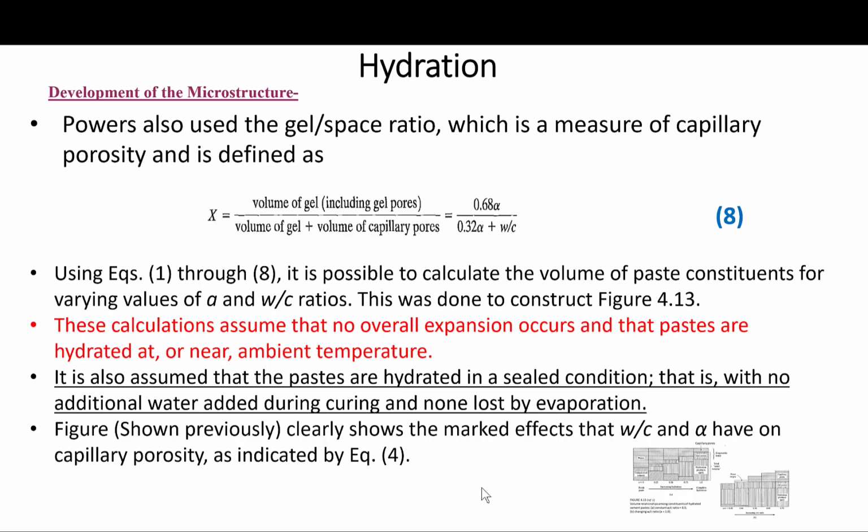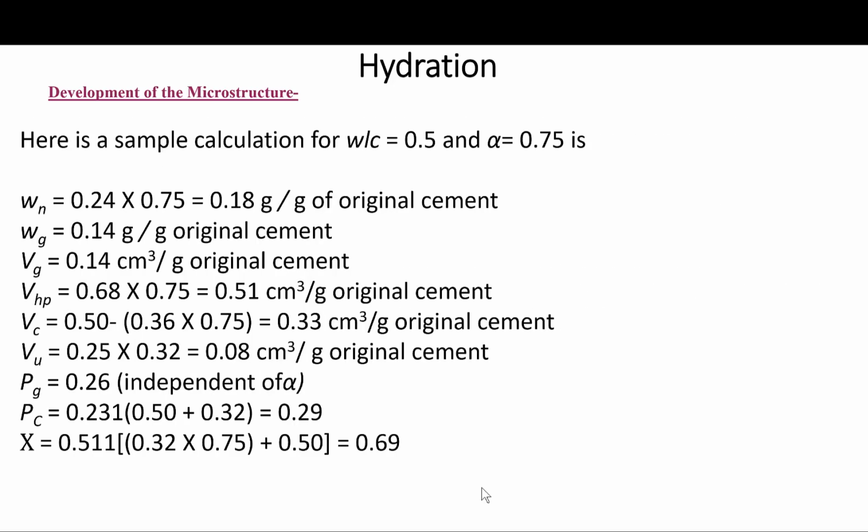So here is a sample of calculations for water cement ratio equals 0.5 and a degree of hydration of 0.75. So we will be able to calculate all these parameters. If you see, the non-evaporable water equals 0.24 times 0.75, which equals 0.18. This is gram per gram of cement, and so forth.